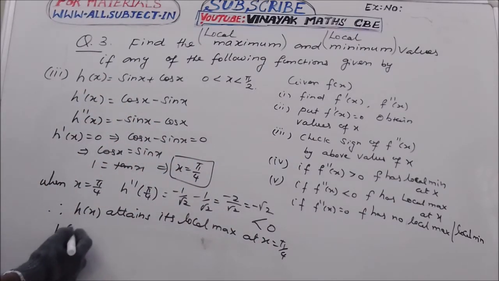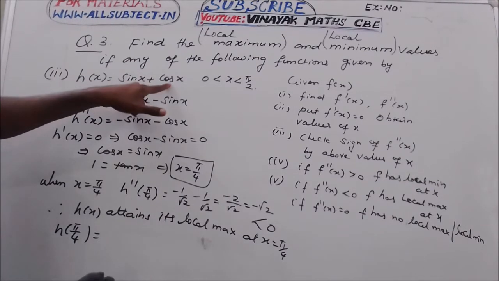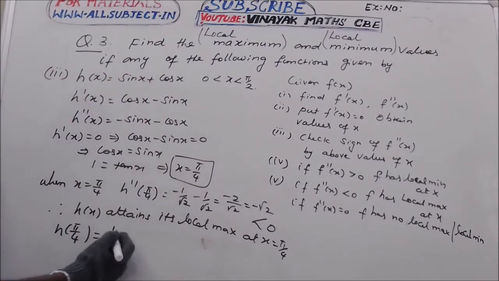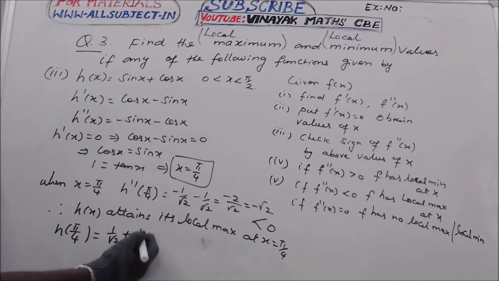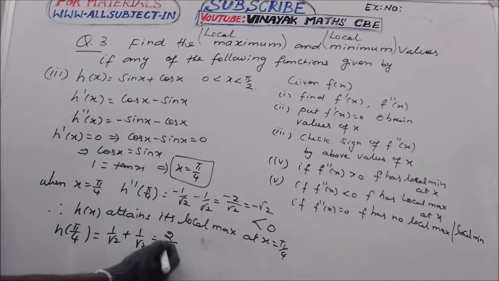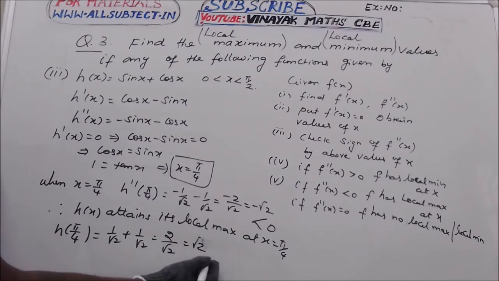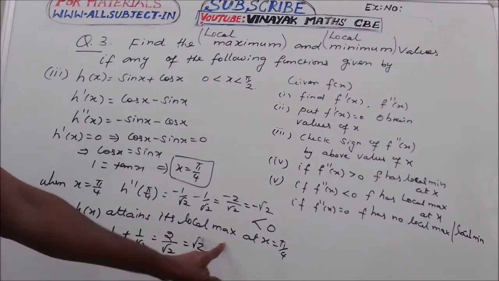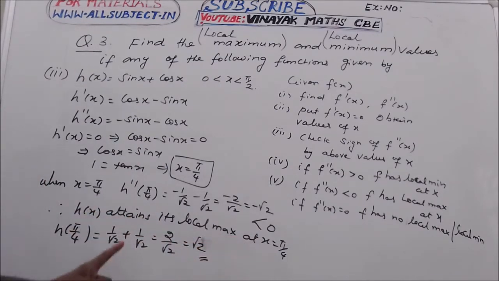Now h of pi by 4 is equal to sin pi by 4 plus cos pi by 4, which is 1 by root 2 plus 1 by root 2, equal to 2 by root 2, which is root 2. Therefore, the local maximum value at x is equal to pi by 4 is root 2.